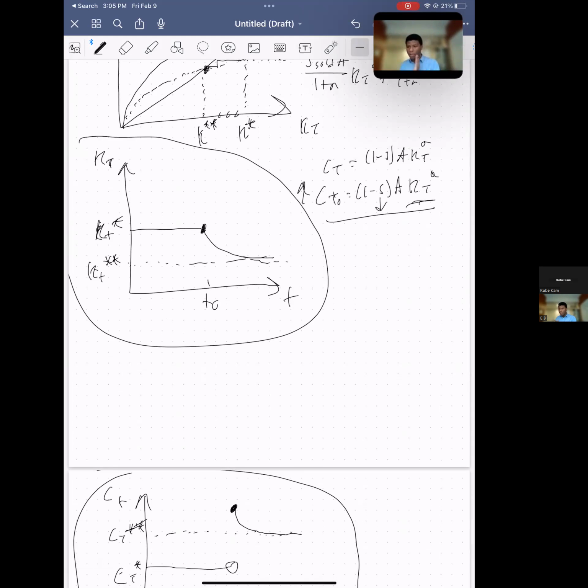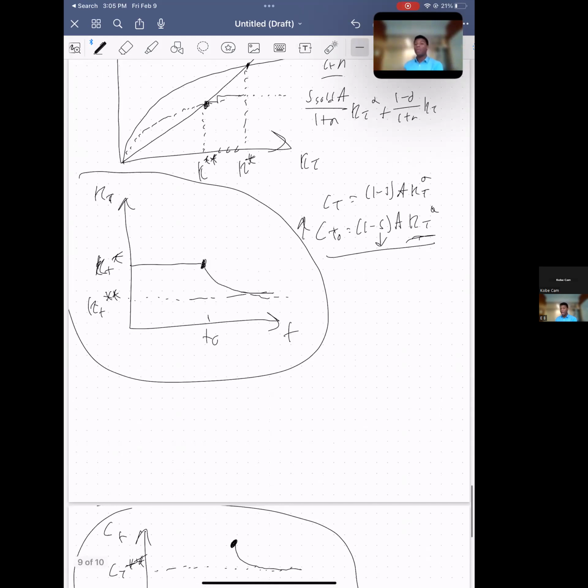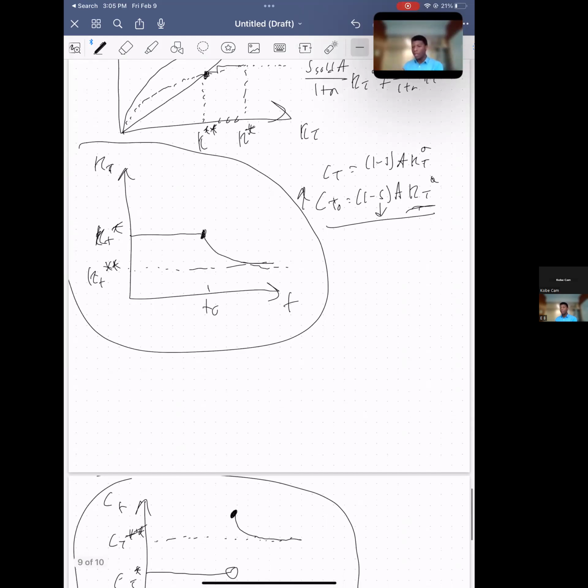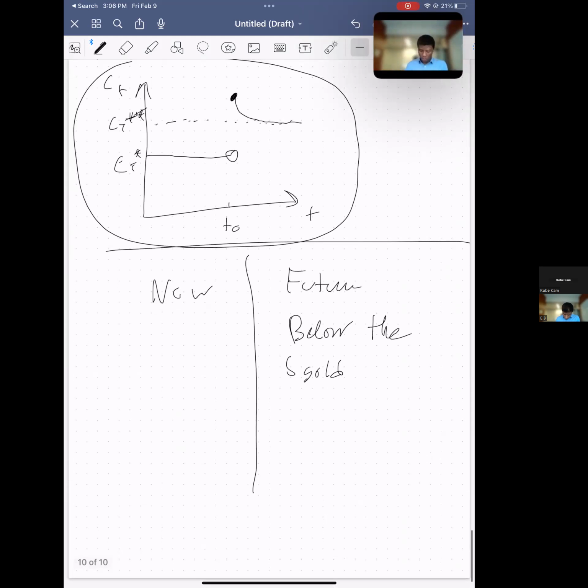Our savings rate is high. So if we're saving more than we would at S gold, that means we're saving a lot, and even right now, we could be consuming more. So too high savings in time two.